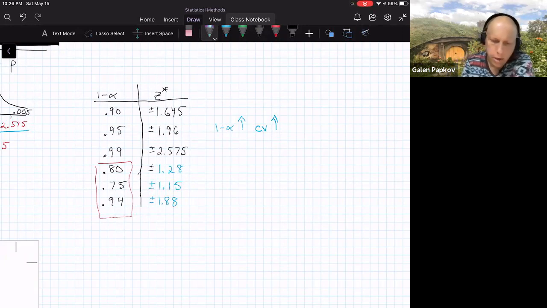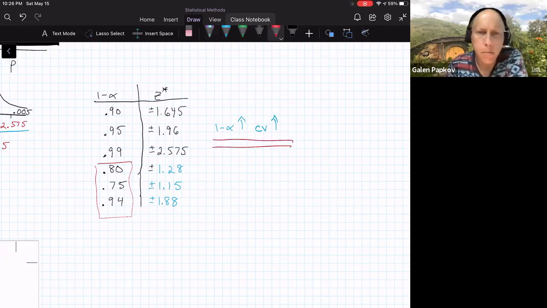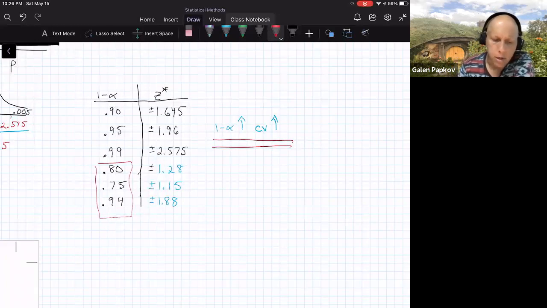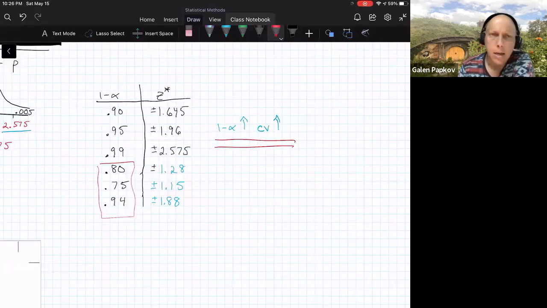A little note here is how the confidence level impacts the value of the critical value. If you're having trouble seeing in this table, just go from smallest confidence level up and see how that affects your critical value. And what you should see is that it's increasing.